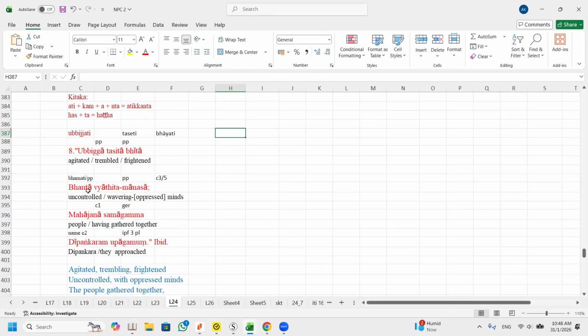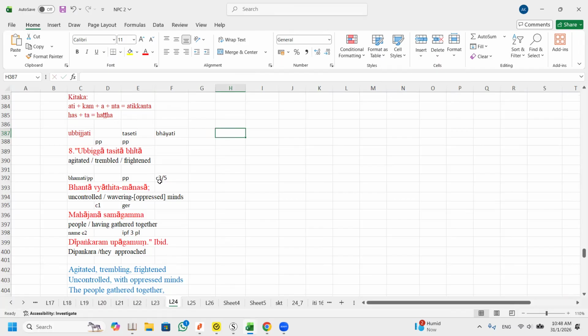Bamati, this one, bhanta, TA is added to it, because you must see this is a long A, this is a long A. There is a reason why it's a long A. After that you confirm why it's a long A. Can you see this is uncontrolled? And then this again, can you see the word manasa? Manasa comes from the word manas.